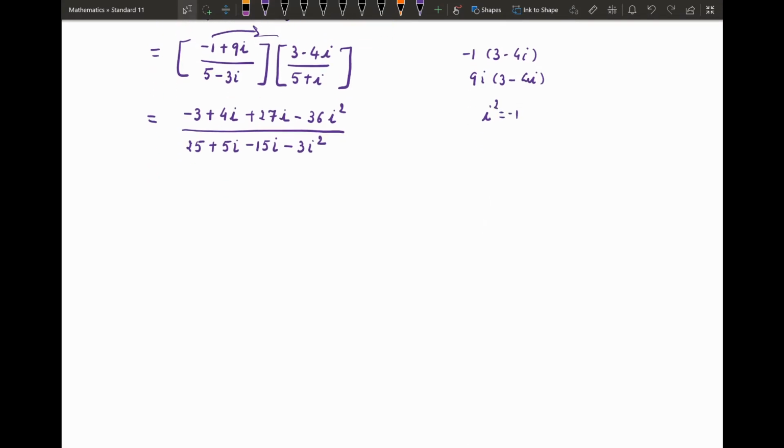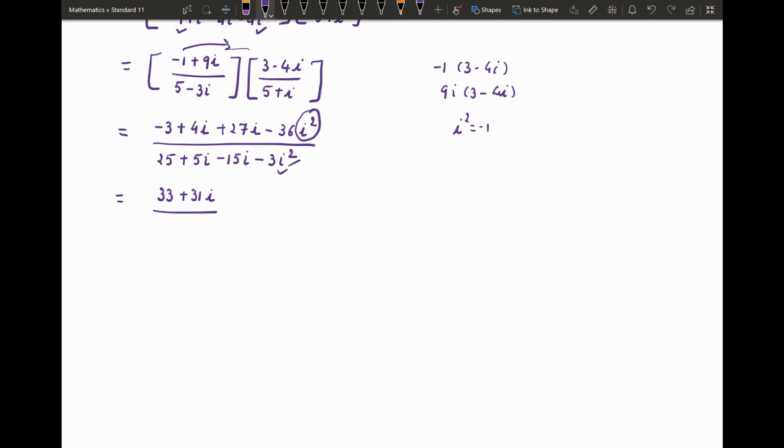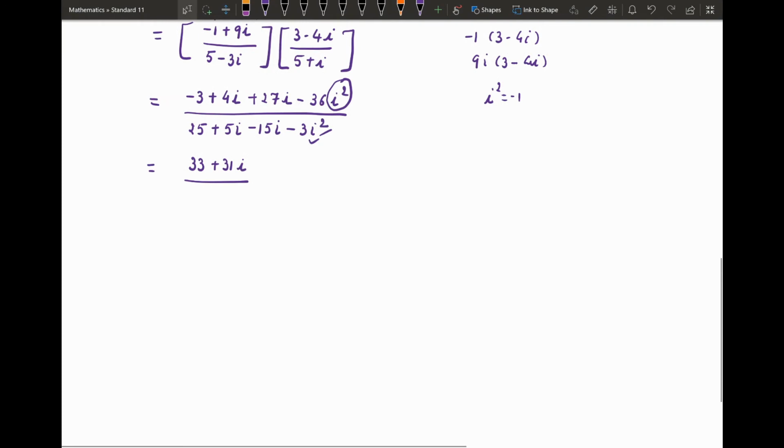So further simplification: i square is minus 1, so minus minus plus 36 minus 3, so 33, 27 plus 4, so 31i upon, i square is minus 1, so minus minus plus 25 plus 3, 28, and 5i minus 15i, so minus 10i.